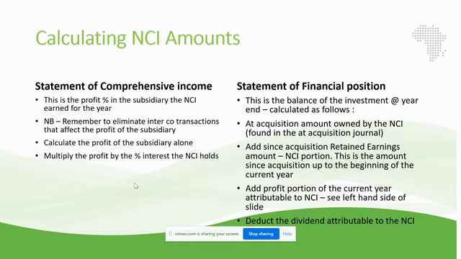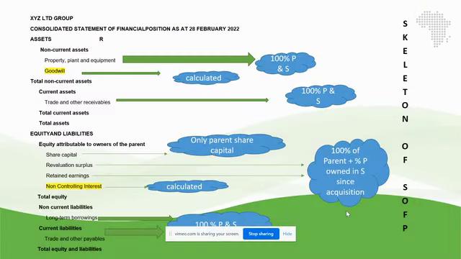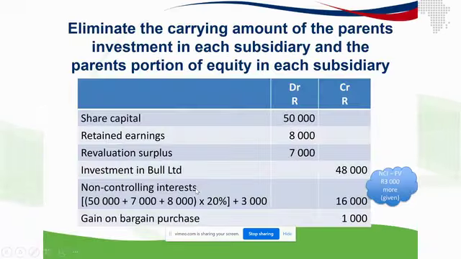You add that amount in, and then the profit of the current year, which we've already calculated here, is also added, and we will deduct the dividend that is attributable to the NCI. Then we would get our statement of financial position balance. Where would that be plugged in? We would have to plug it in here, and that is where that figure would sit.